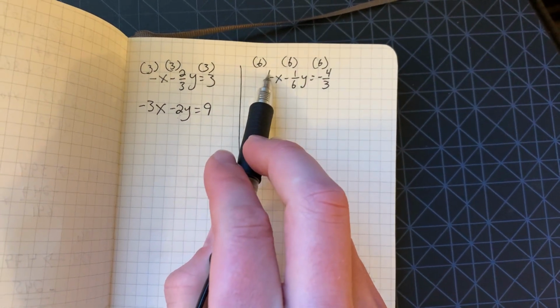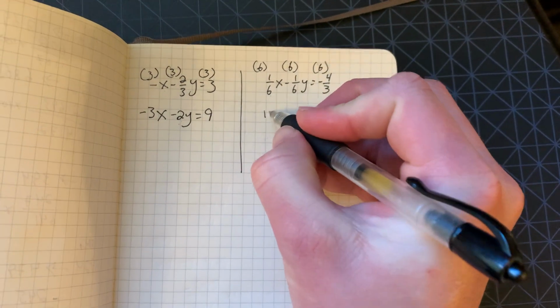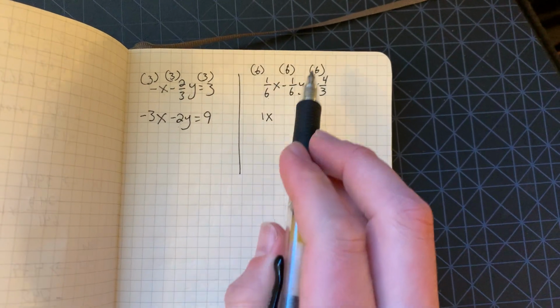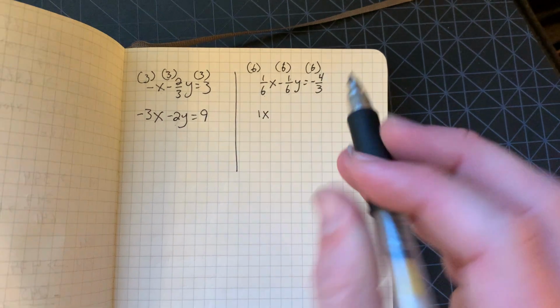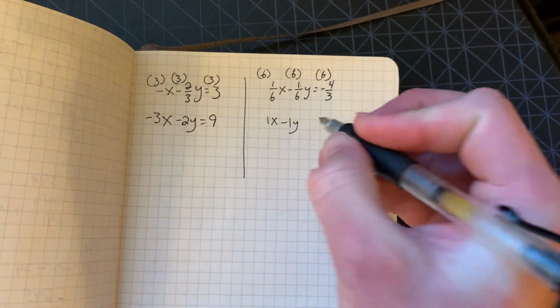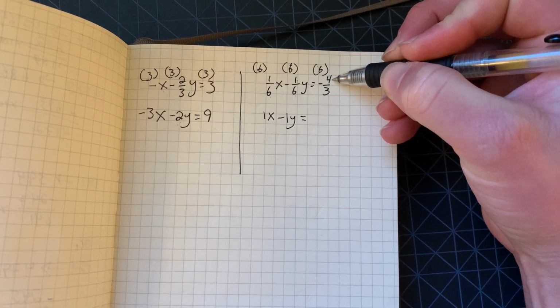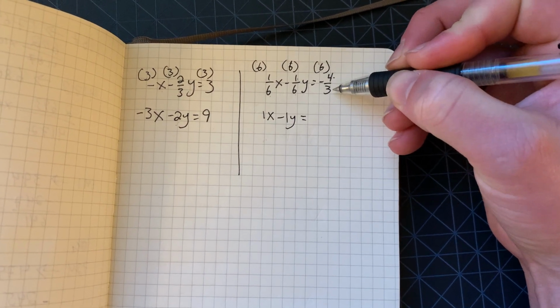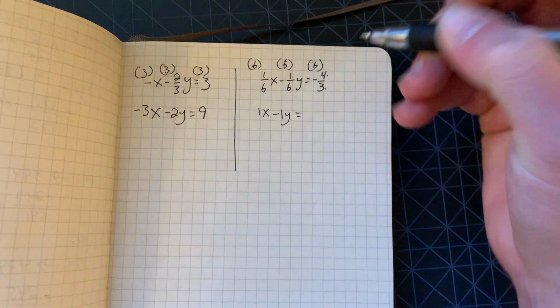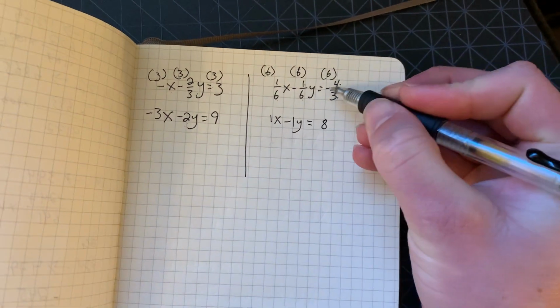6 times 1 is 6, divided by 6 is 1x. 6 times 1 is 6, divided by 6 is negative 1y. 6 times 4 is 24, divided by 3 will be 8, and don't lose track of your negative up there.